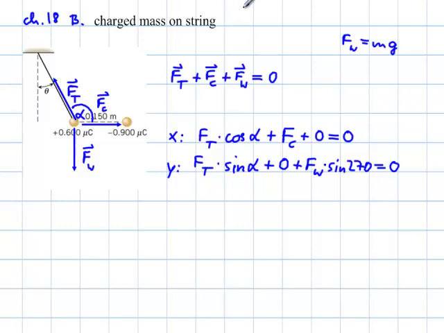Okay, they want us to figure out what the tension is. So this one here, that's one of our variables. And they want us to figure out what the theta is, respectively. For now, I'm using the alpha.